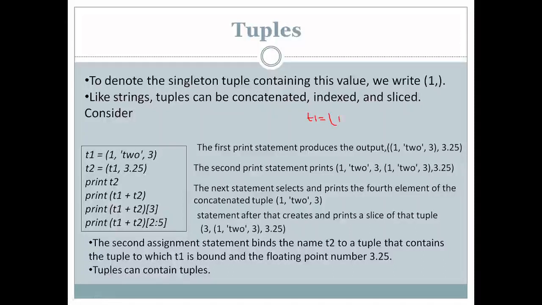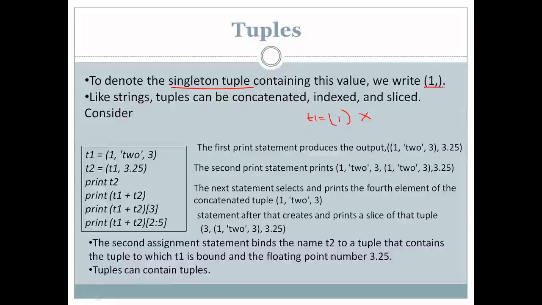You may think this is a tuple declaration which contains a single value, that is 1. But this type of declaration is wrong in Python. Remember, to create a tuple with a single value, which we call a singleton tuple, it can be declared like this.